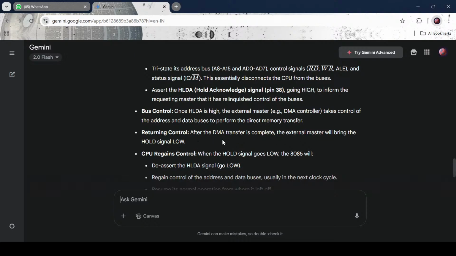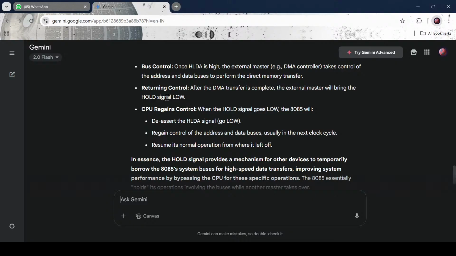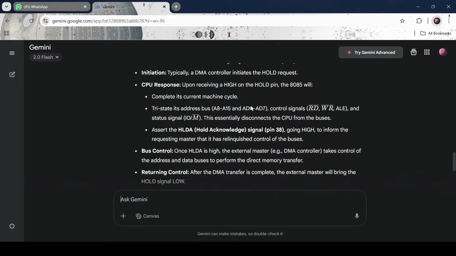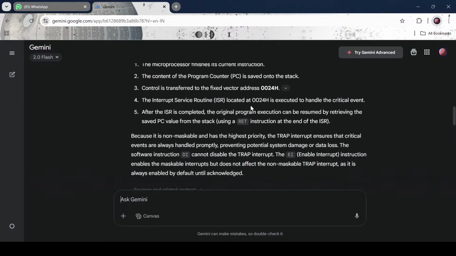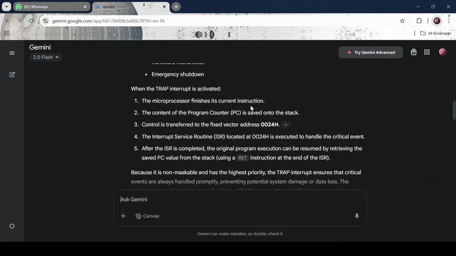After this, the HOLD signal goes low, and the CPU becomes almighty powerful again. Sometimes the CPU loses its power for the sake of friendship. It gives its house keys to DMA.